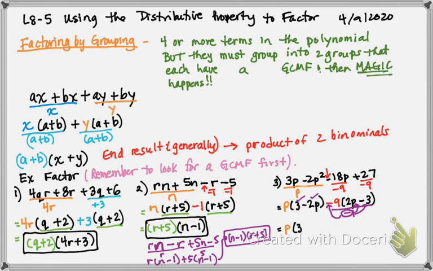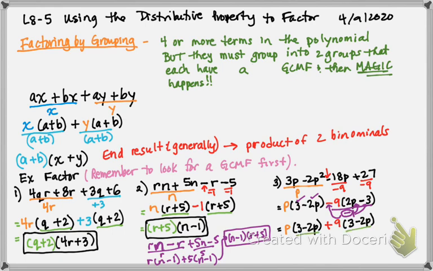So we've got 3 minus 2p, and then we're going to get a plus 9. But now, I don't like to see a negative first thing, so that makes the 3 the positive number and the 2p the negative number. Did we get our magic happening?